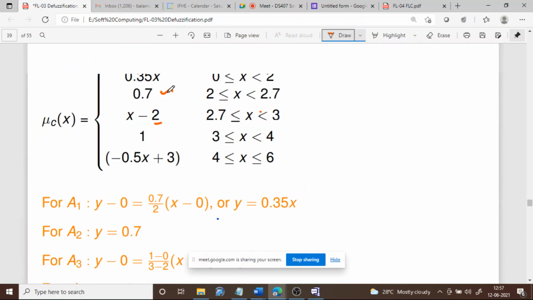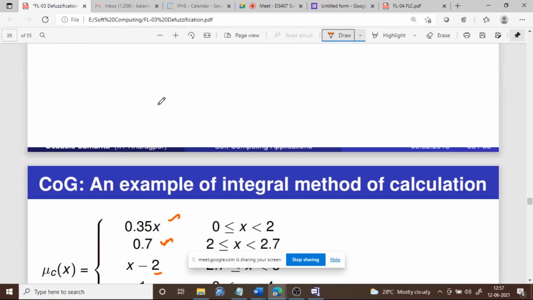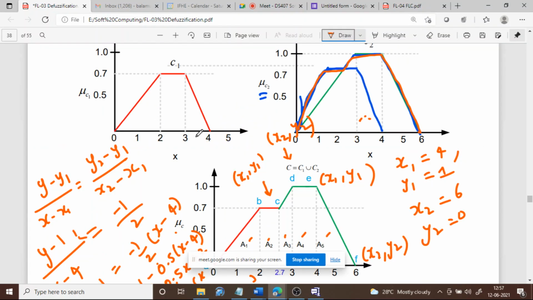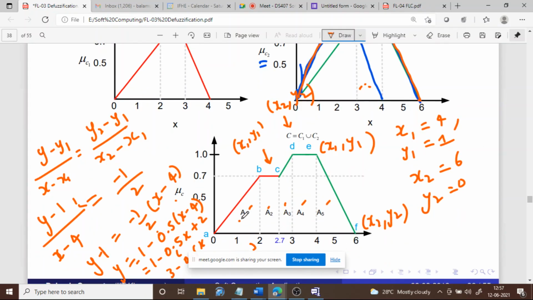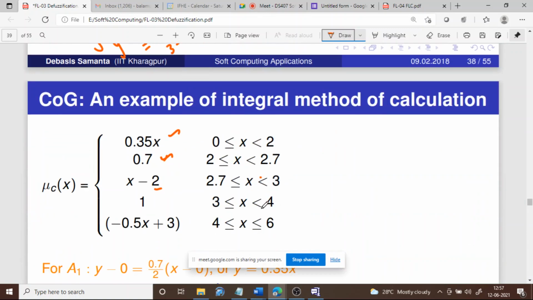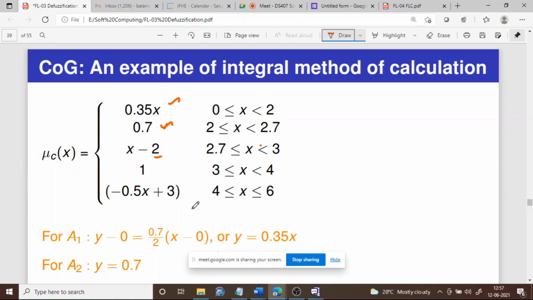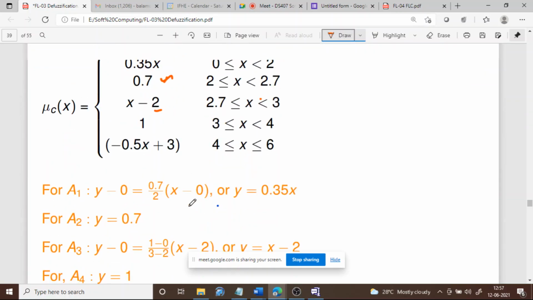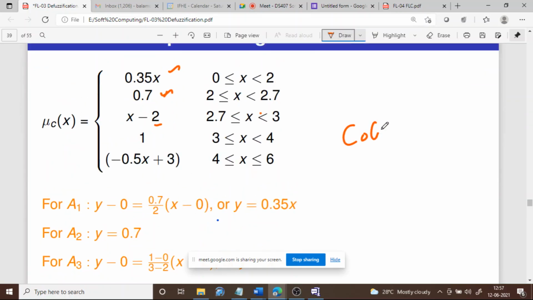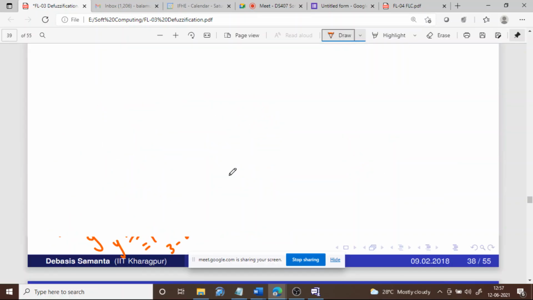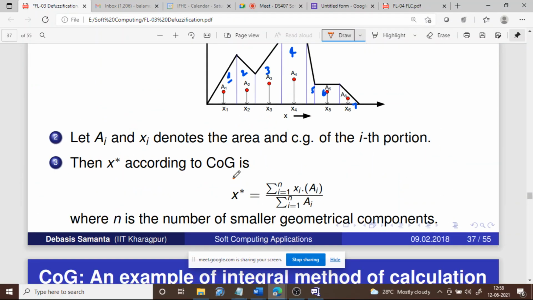So these are the various areas we got for different portions of the curve: a1, a2, a3, a4, all these things we have collected. Now we are discussing the COG method, center of gravity method, and we are going to apply it using the integration technique.